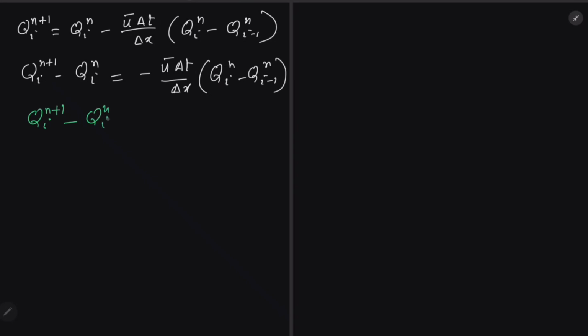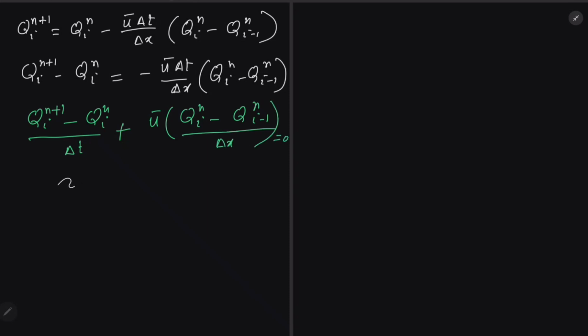I divide both sides by delta T: Q_i^{n+1} minus Q_i^n divided by delta T. Then I take the right hand side to the left side, and we have U bar, Q_i^n minus Q_{i-1}^n divided by delta X, is equal to 0.